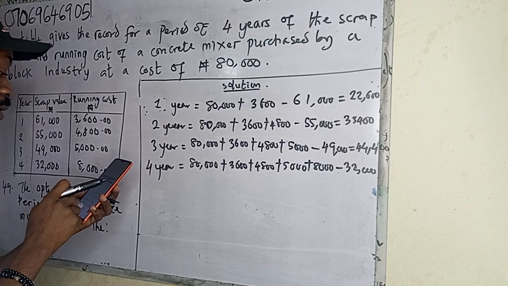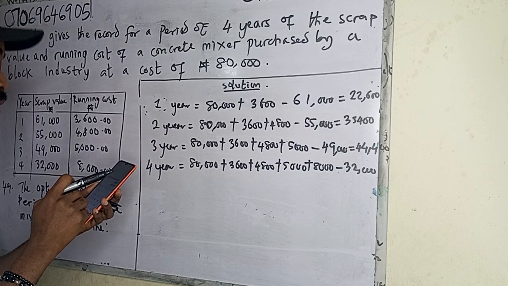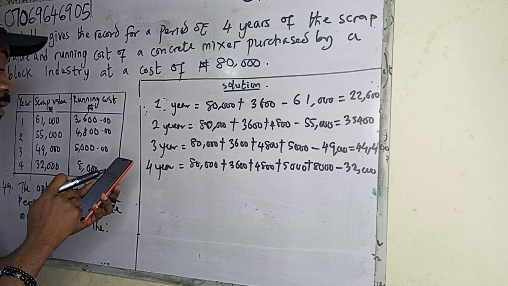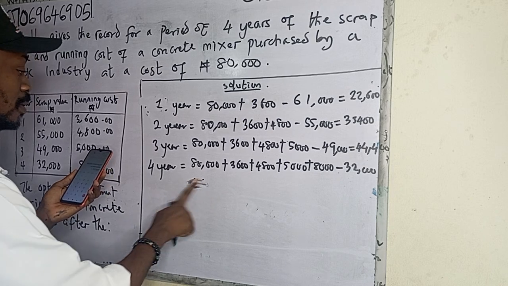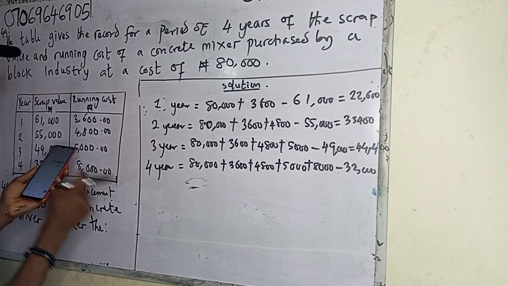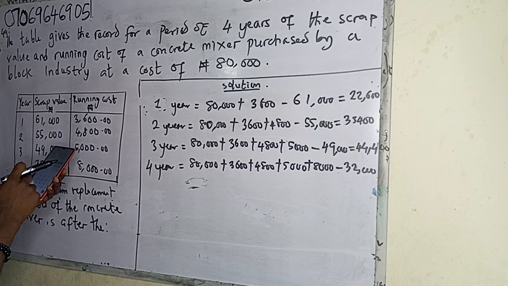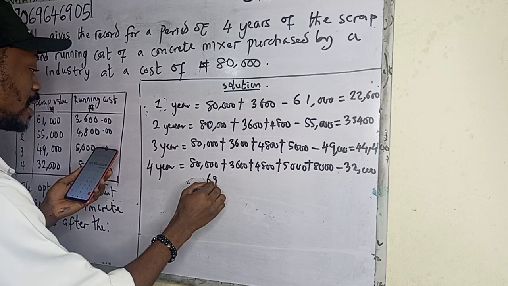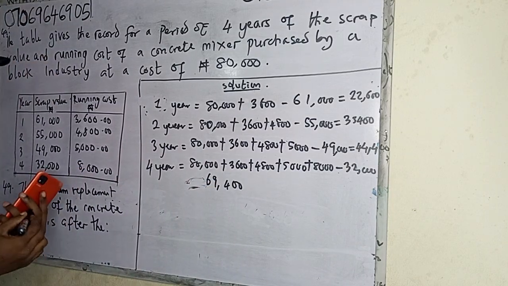That's 101,400 minus 32,000, which is 69,400. So that's the total cost per year.